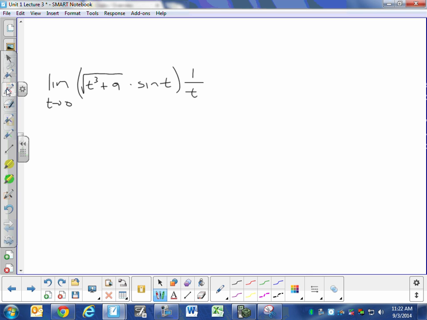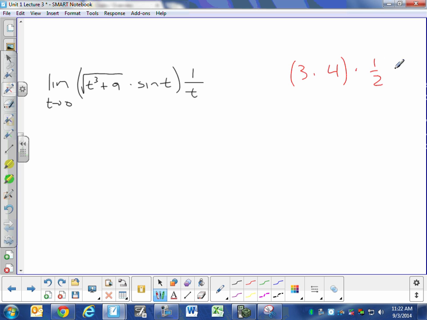To do this, we need to think about certain properties of multiplication and multiplying fractions. Think of a simple example like 3 times 4 times a half. Well, since we have multiplication, I can do this in any order I want.